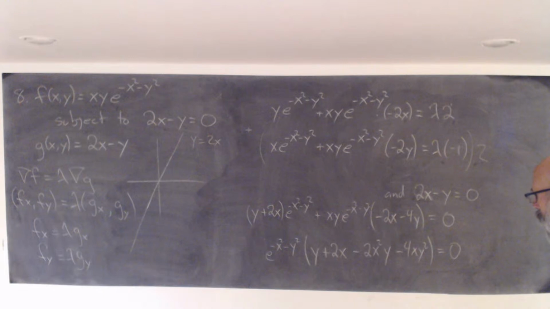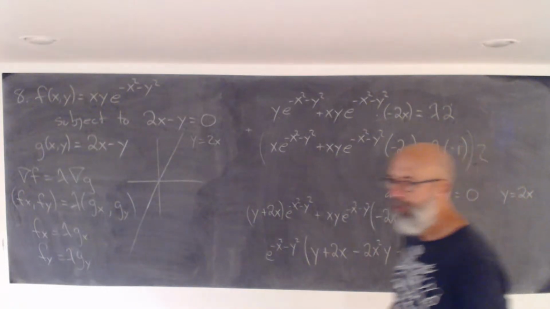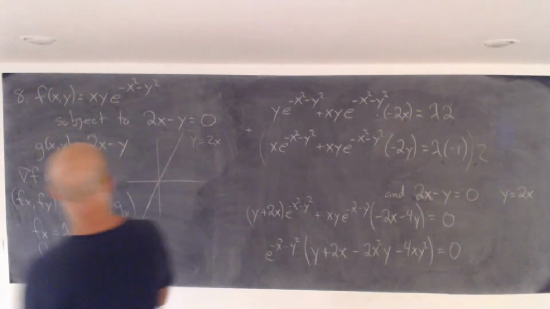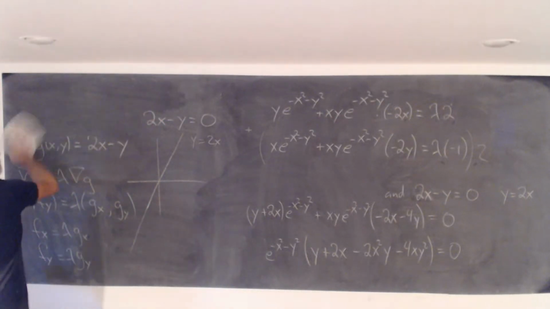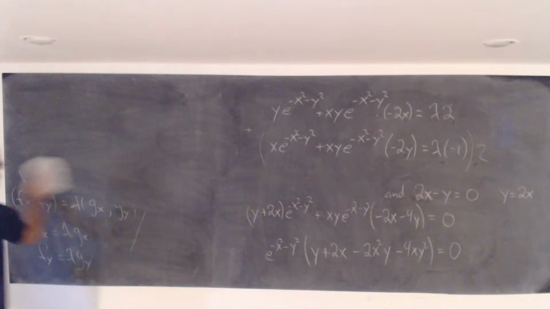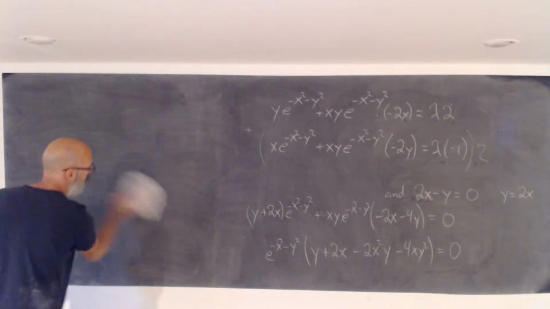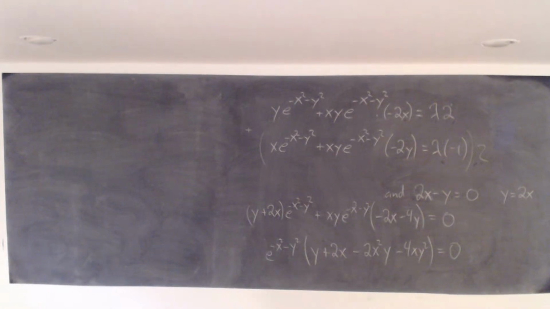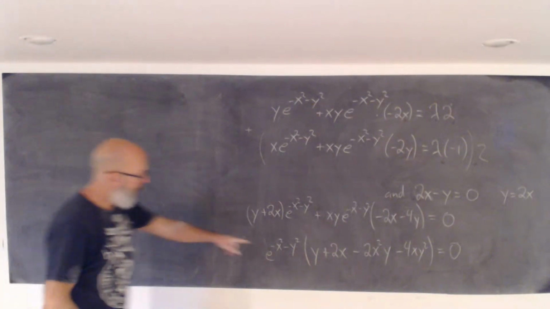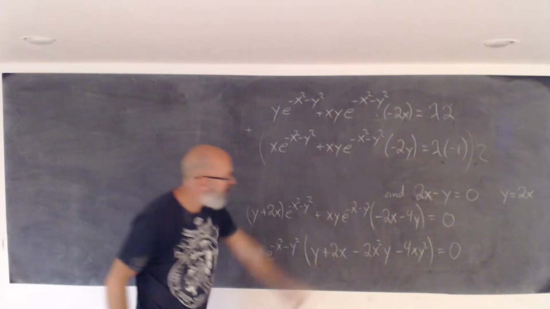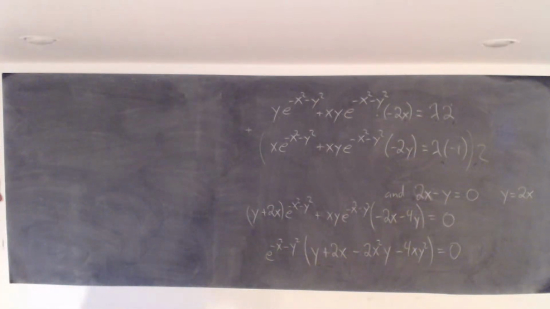So what is that? Well, maybe now we want to couple with the fact that y is 2x. So we could plug that in. This is never 0, so we need the stuff in the brackets to be 0. Let me replace y with 2x.